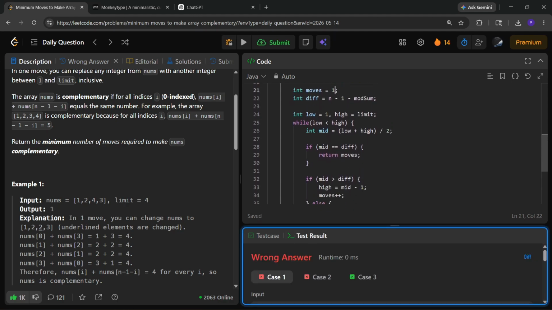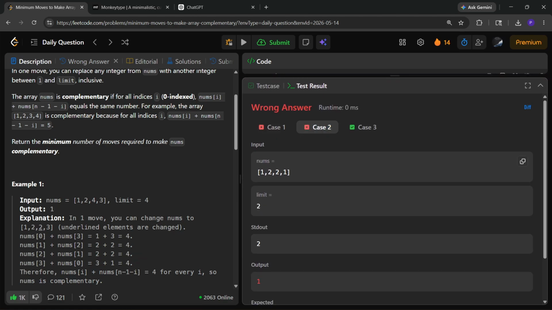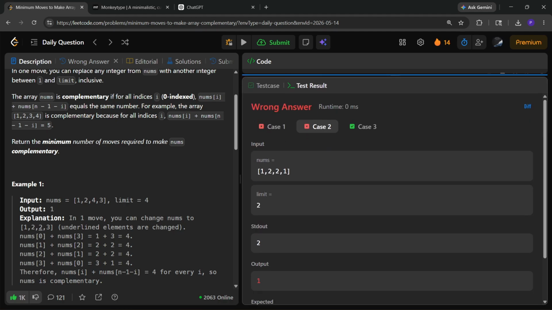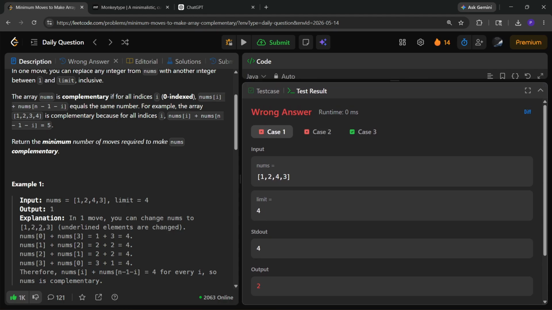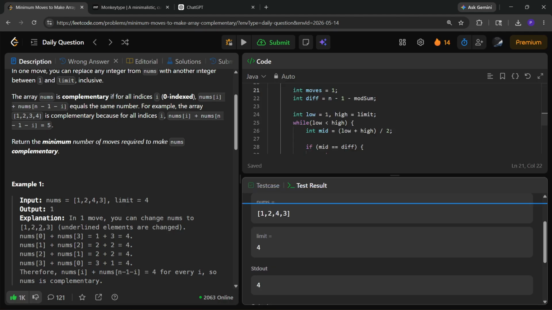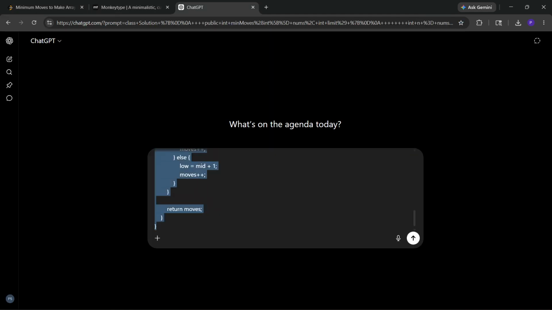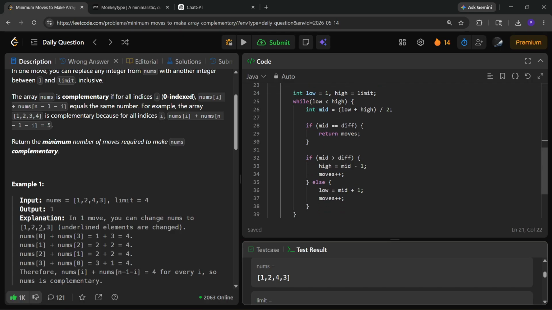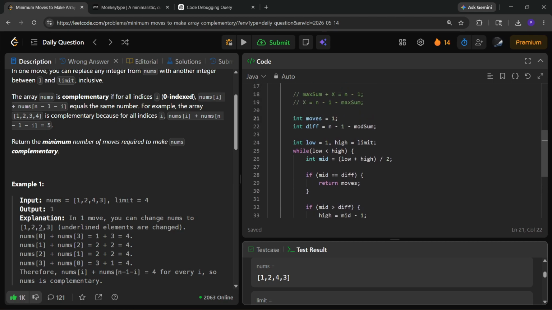Minimum at minimum until one. Something away.